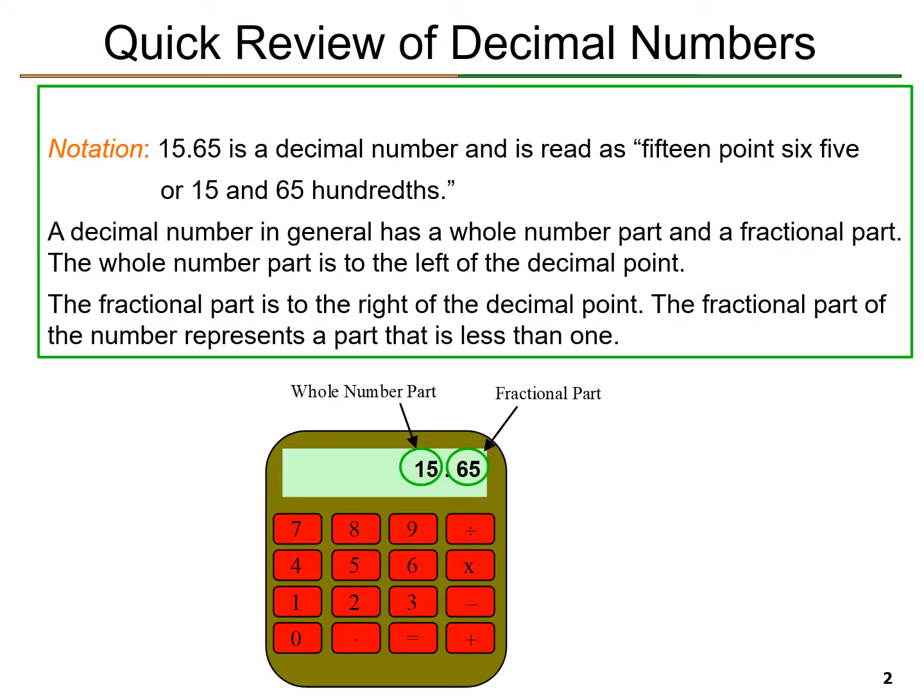Here's a quick review of decimal numbers. Let's look at notation. As shown on the electronic adding machine below, better known as a calculator, the number 15.65 has a whole number part, which is the 15, and a fractional part, which is 65 hundredths.